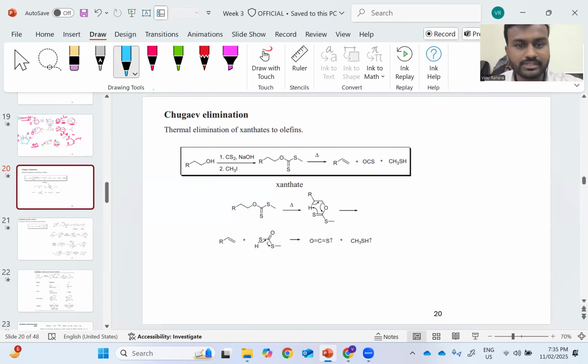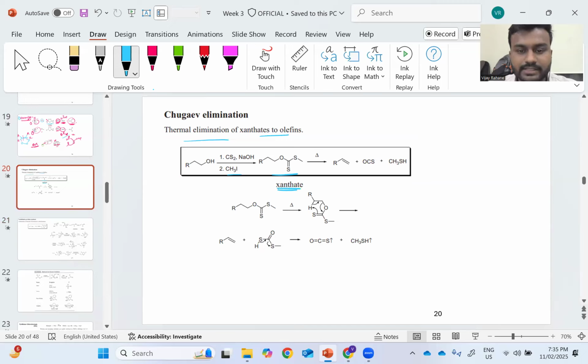But before going to the oxidation, in between I want to show this thermal elimination of xanthates to olefin. Let's say we have an alcohol group and it reacts with CS2 in the presence of NaOH, and then methyl iodide, which gives the formation of this intermediate xanthate.